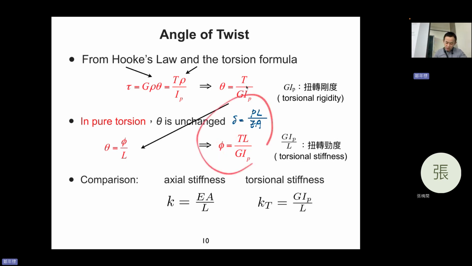So they're really similar, right? We can compare the axial stiffness k equals EA divided by L, and the torsion stiffness G Ip divided by L. A is really similar, related to Ip. So I believe all the logic is really similar to chapter 2. If you understand every detail in chapter 2, you will be fine in chapter 3.